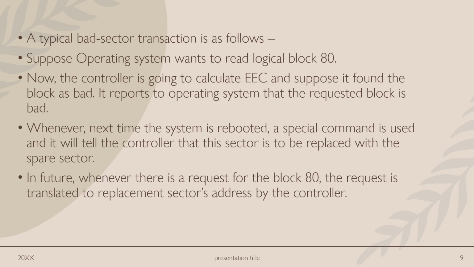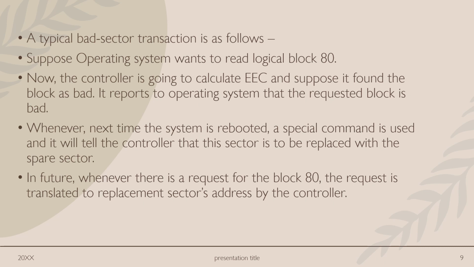The redirection by the controller could invalidate any optimization by the operating system's disk scheduling algorithm. For this reason, most disks are formatted to provide a few spare sectors in each cylinder and a spare cylinder as well.